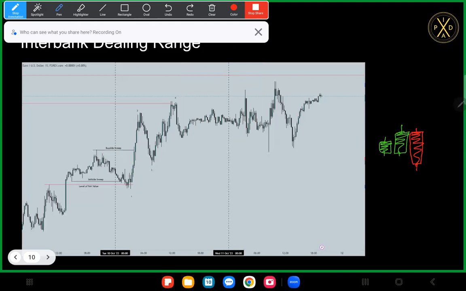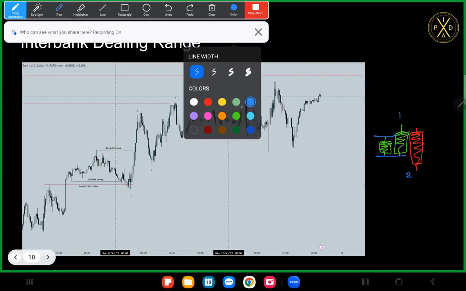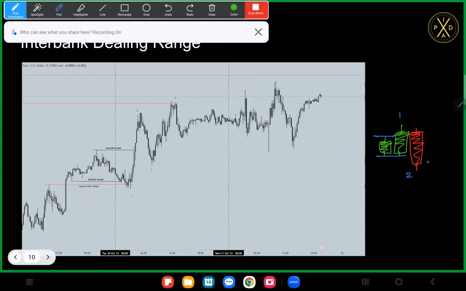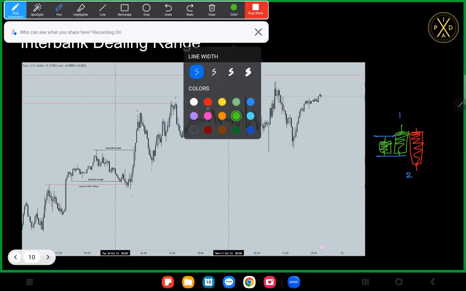Right here, we have an intrabank dealing range, right? So we take out buy side liquidity, sell side liquidity of this candle, and then we take out the low with this candle right here. So that's one. This wick is going to be two. And then what we anticipate for the next candle to do is something like this.